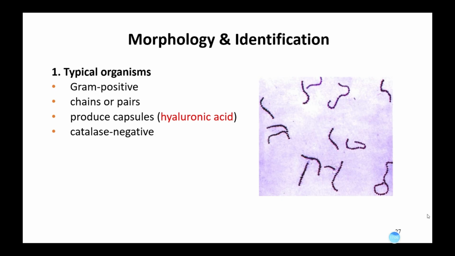So there are capsule structures surrounding the cell, and the major component in the capsule is the hyaluronic acid. It's a polysaccharide. It does not produce catalase, so it's catalase negative.